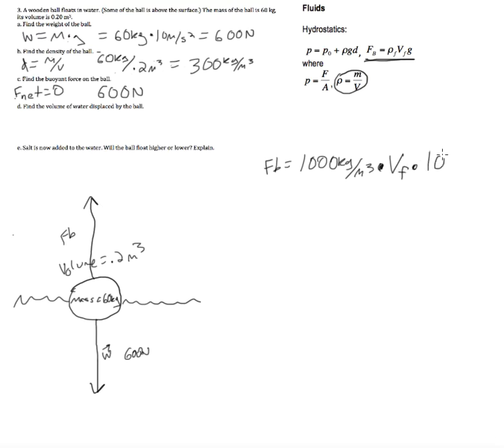And we know g. And actually we do know FB, and that's 600 newtons. So if we solve that out, divide it by 10, divide it by 1,000, I believe that's 0.06 meters cubed of water will be displaced.